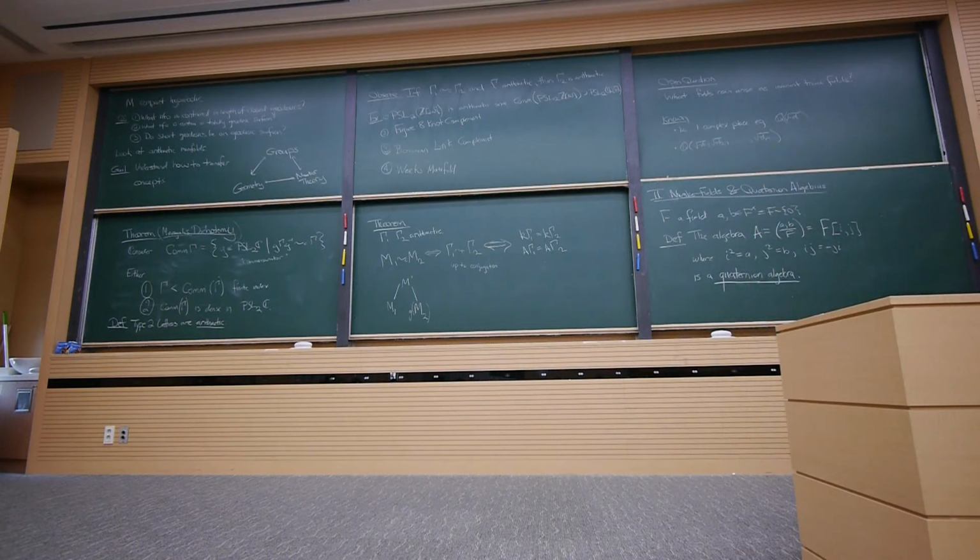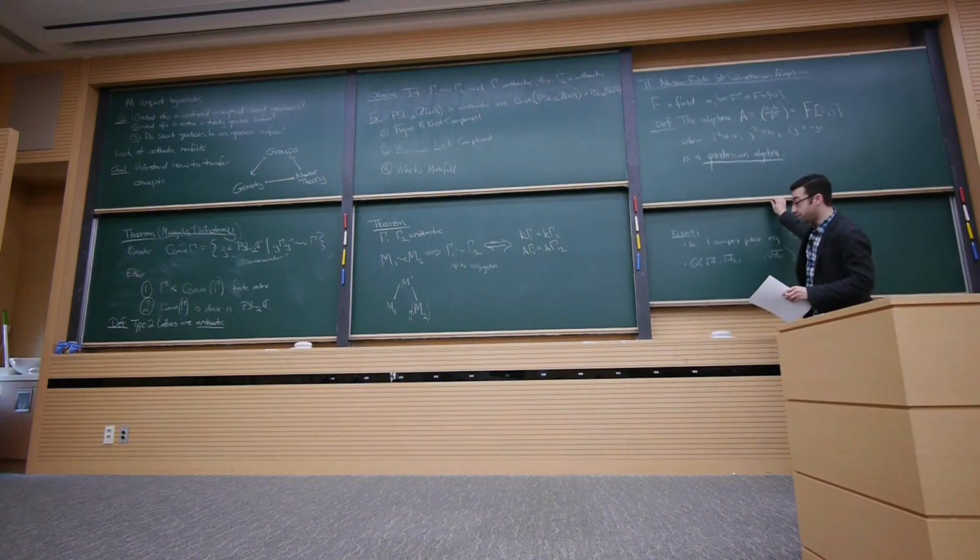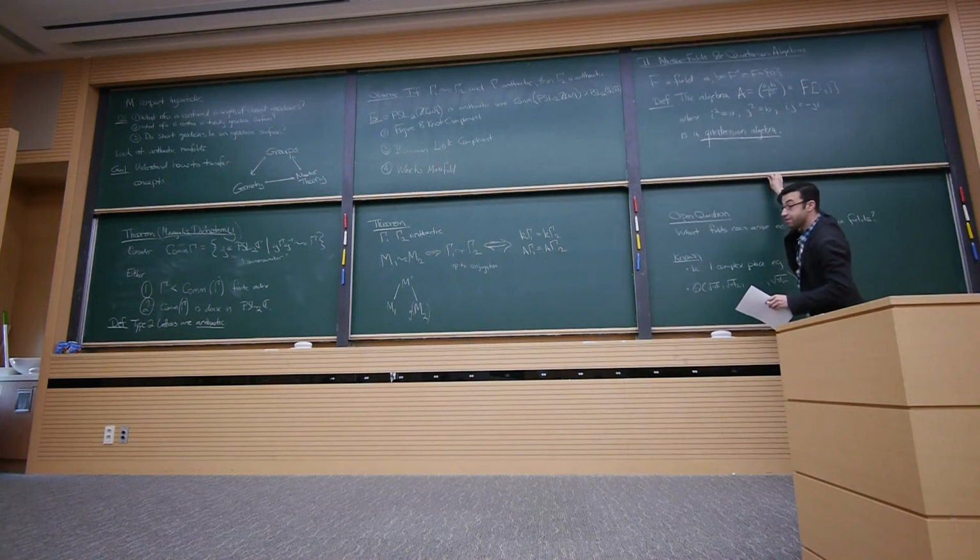So obviously you have a lot of freedom. There's lots of quaternion algebras for any field. You can adjoin all sorts of square roots. So you're probably familiar with one very famous example, what we call Hamilton's quaternions.